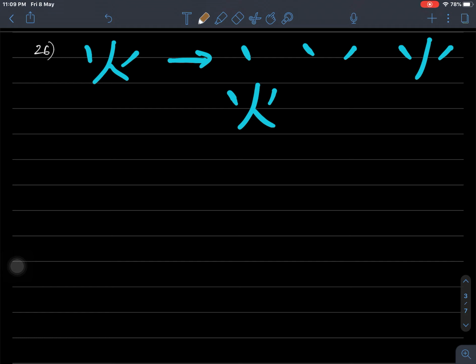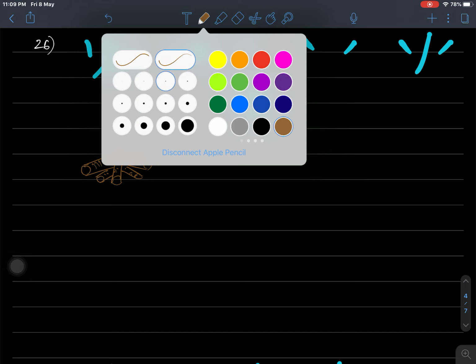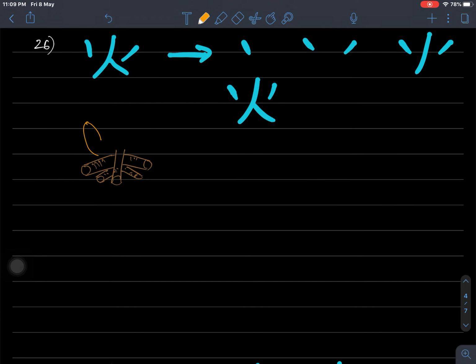Maybe it will be easy to understand if I do that. I'm not sure if that's conveying the idea of fire, but that's what that's supposed to be.